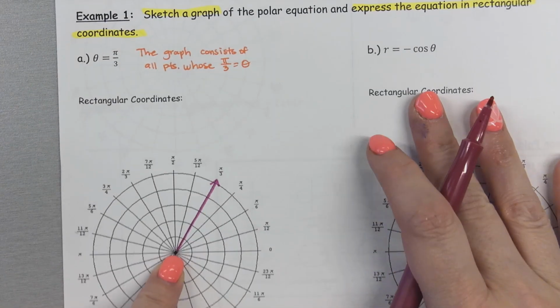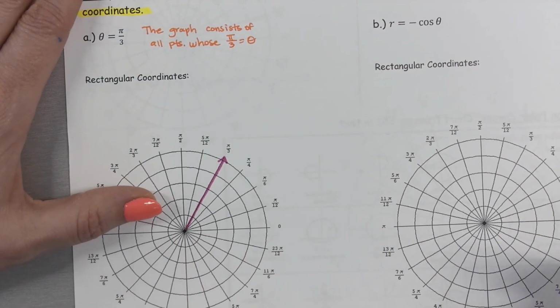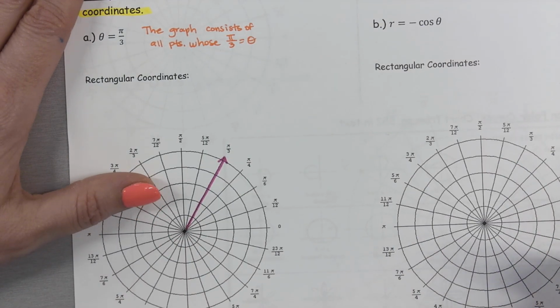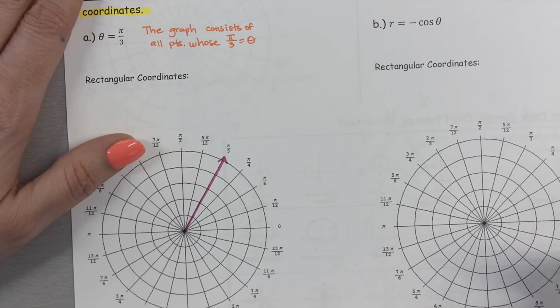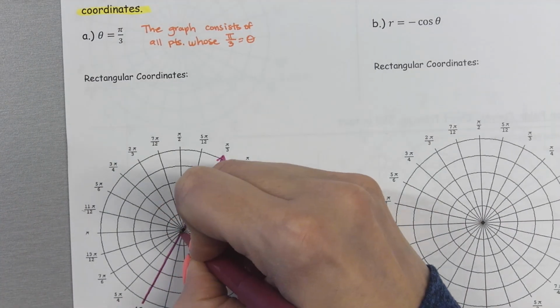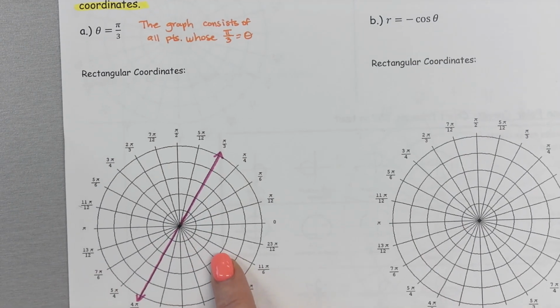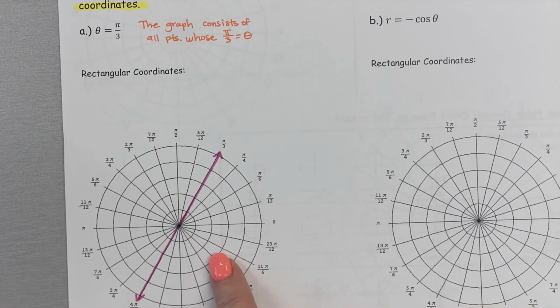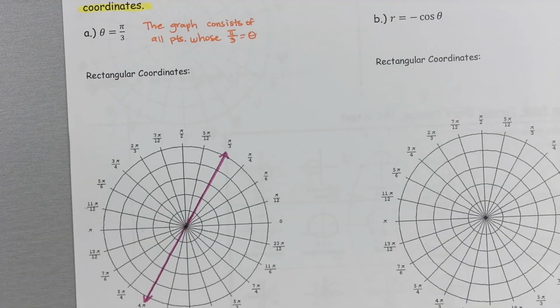If r is negative, okay, where would those points be? Yeah, 4 pi over 3. Okay, so in the quadrant directly opposite. So remember yesterday we talked about how they're pi units apart, or they're in the opposite quadrant? Does that ring a bell? Right, if r is negative, it would be in the opposite quadrant, so it's all of those points as well.